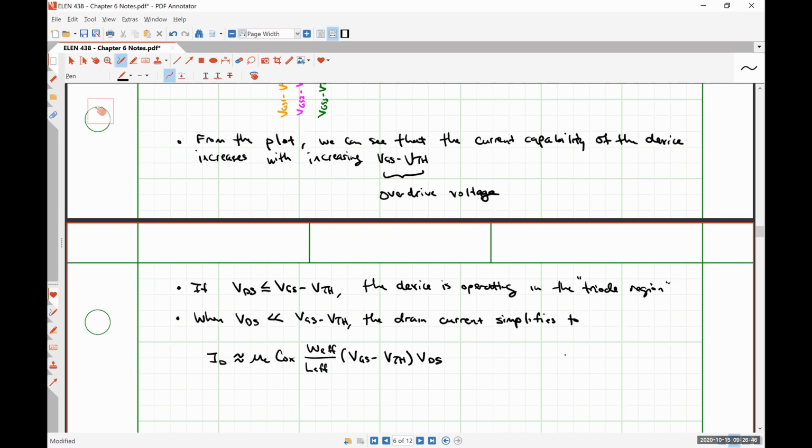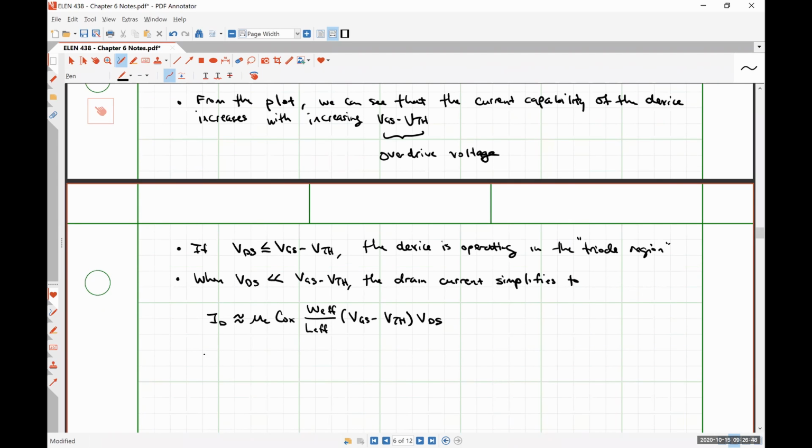So we have the drain current acting as a linear function of VDS.